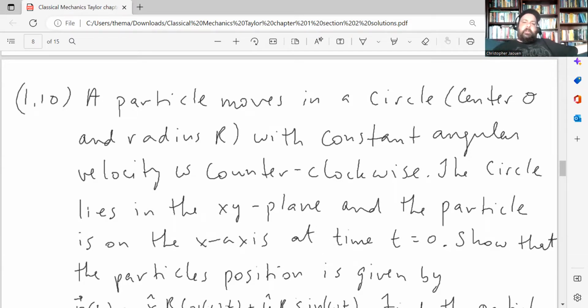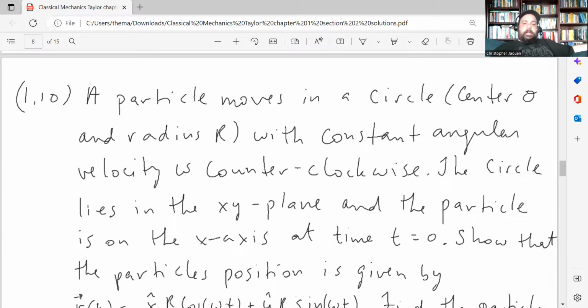Problem 1.10 says a particle moves in a circle centered at the origin with radius r and constant angular velocity omega counterclockwise. So a particle is riding along that circle centered at the origin, it has radius r, and it's moving counterclockwise with angular velocity omega. So omega is a constant.